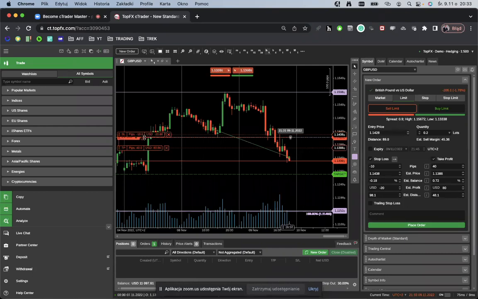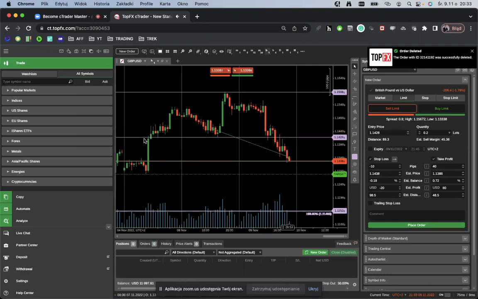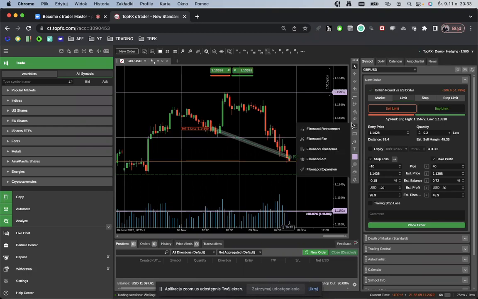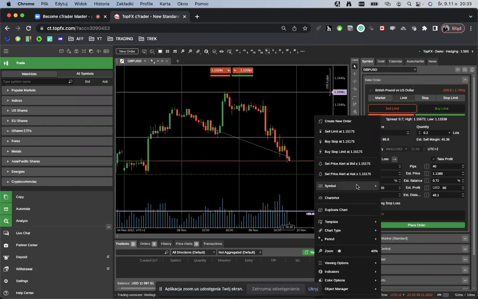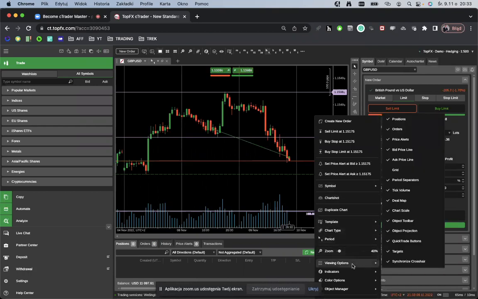Or a better price. So let me just remove this trade. There you go, it's gone. Let me just get rid of this line. There are the viewing options, and what I don't want to see are positions or orders. The orders and positions I want to see.